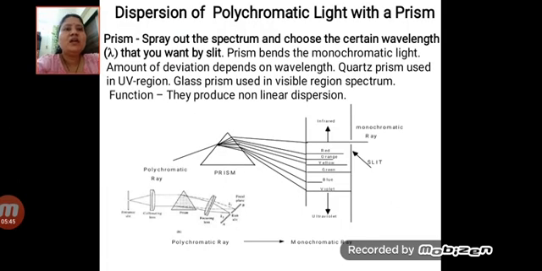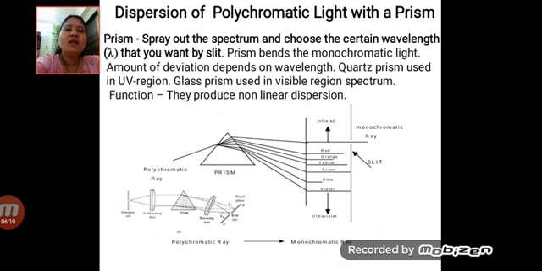Dispersion of polychromatic light with a prism. The next one is the prism. When a beam of light is passed through a prism, it is bent or refracted. The amount of deviation depends upon the wavelength, with blue light being refracted more than red light.